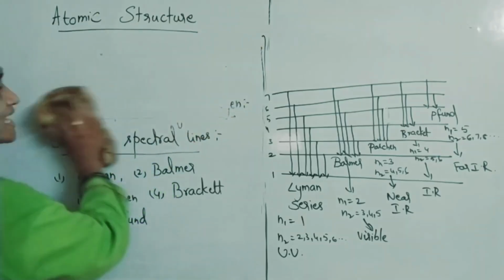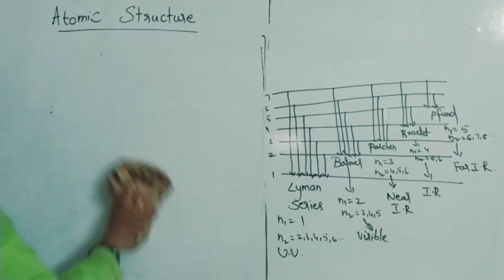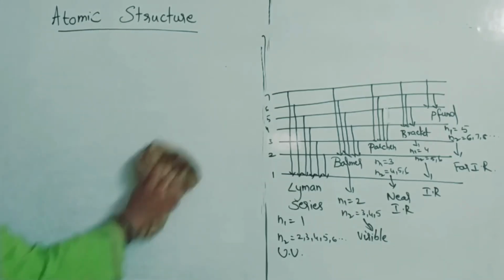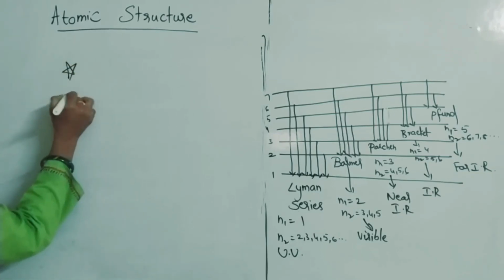What is the best way to find out the number of spectral lines formed when an electron jumps from a higher energy level to a lower energy level? The number of spectral lines, this is a very important formula.